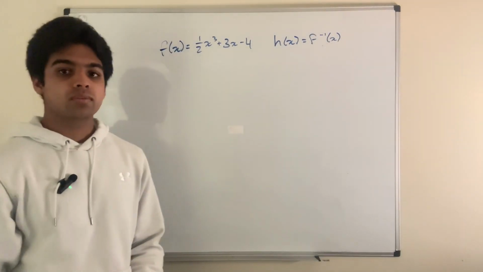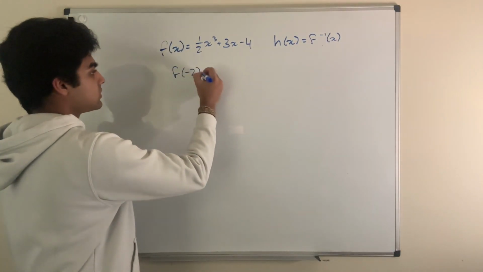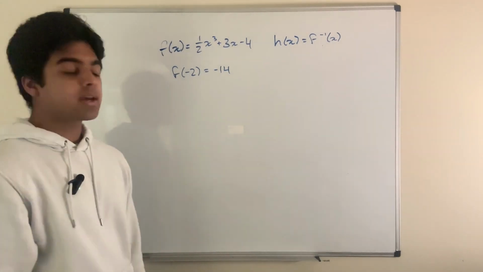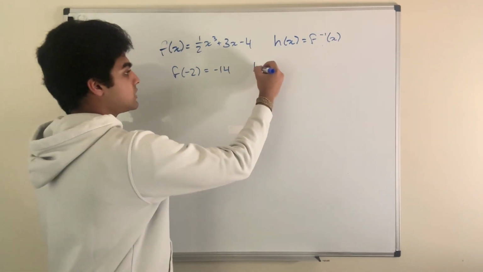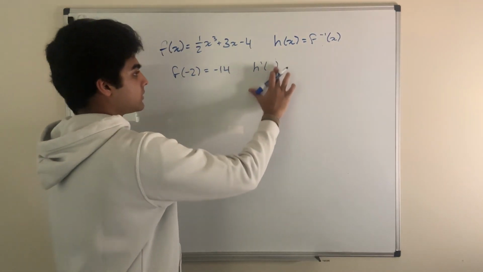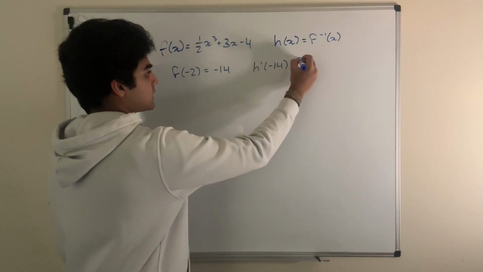And another thing that we're given is that f of -2 equals -14. Now what we want to find is what is going to be the derivative of h of x at -14. So what's that going to be?